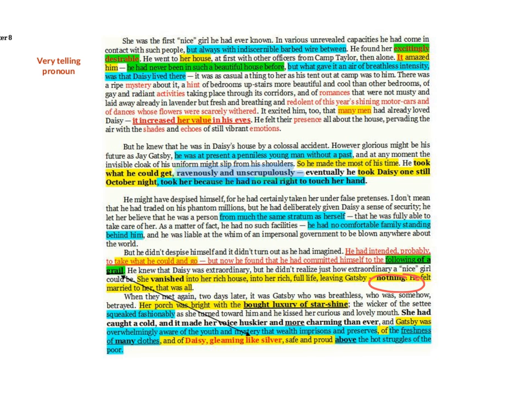He felt married to her, that was all. Not exactly a glowing endorsement of marriage here, but this is a novel where we see that marriage and pledges of fidelity mean nothing in a novel full of adultery. Her porch was bright with the bought luxury of starshine. I've stood on a few porches in my life. I can sadly never claim to say that, oh, this is a porch full of starshine. My life is complete. But this is what it means and embodies to the socially ambitious Jay Gatsby.